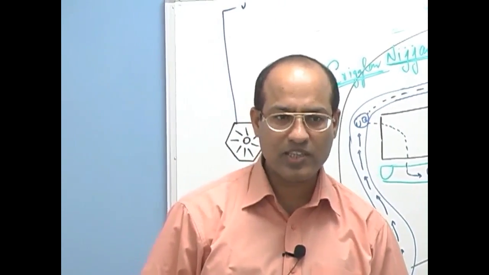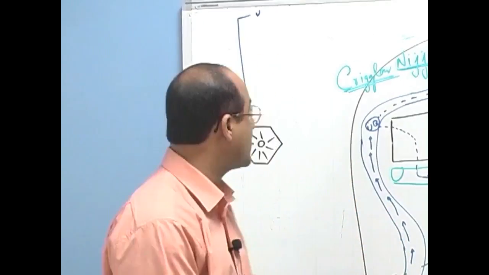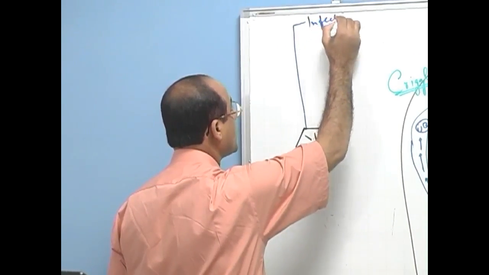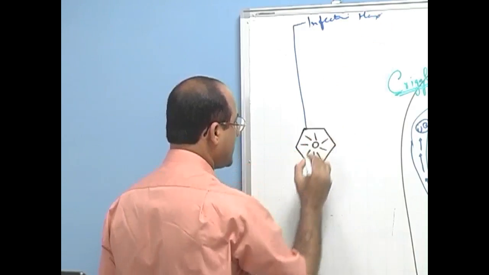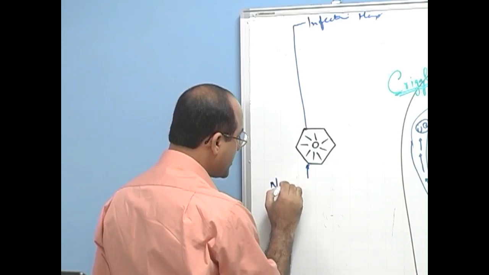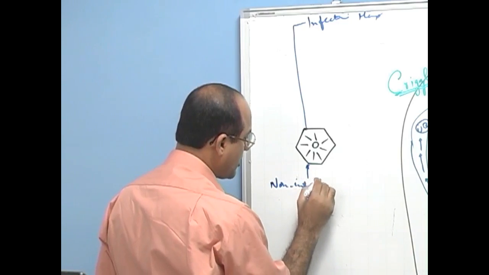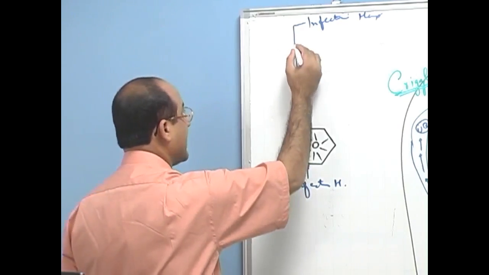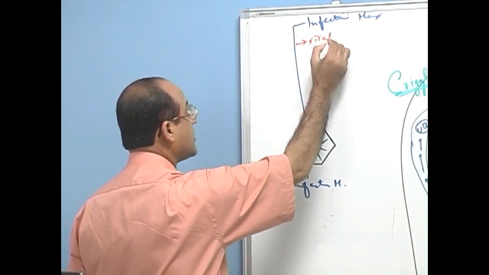So first of all, we write here infectious hepatitis and hepatitis due to causes without infection, that is non-infectious hepatitis. Now, infectious hepatitis may be viral.